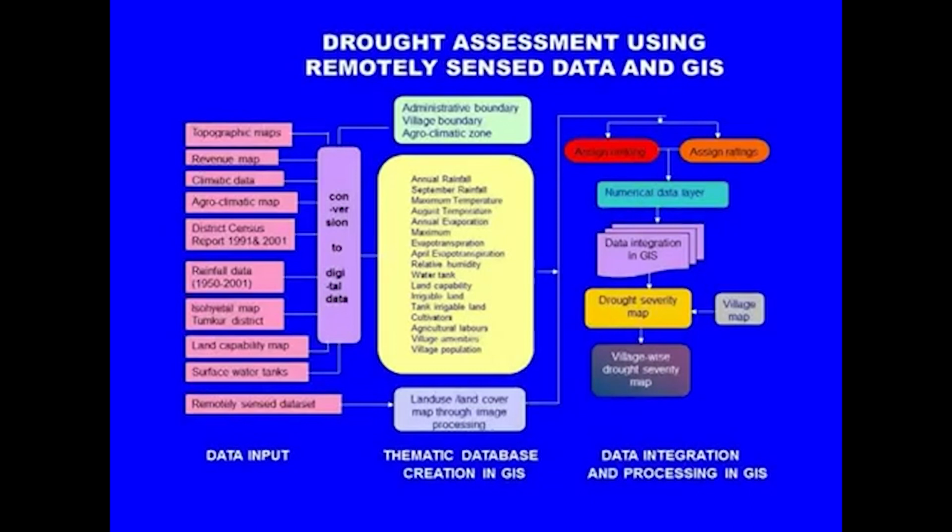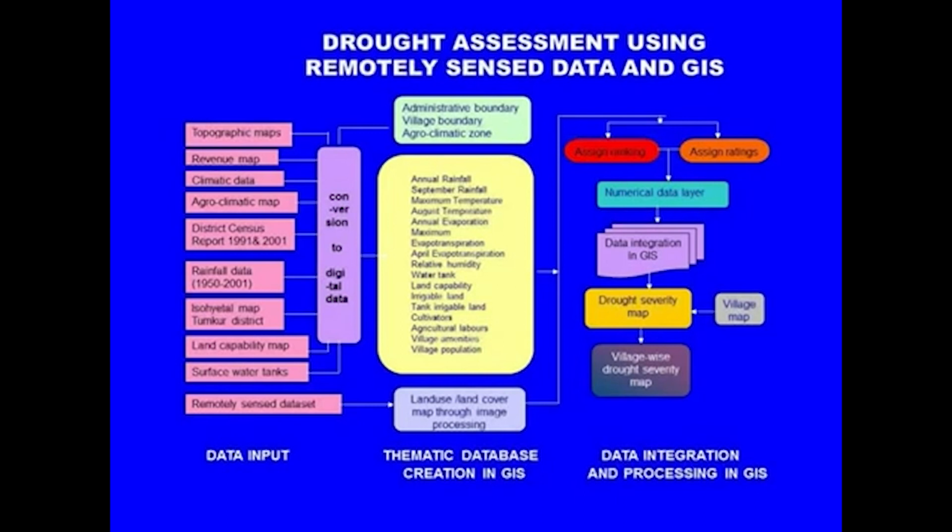So, here the user should be able to appreciate the type of information which may have to be converted into digital form. First, we need to identify the administrative boundary or the extent of the study. Since we were working for a taluk area, the taluk administrative boundaries have been converted into digital form by digitizing them.